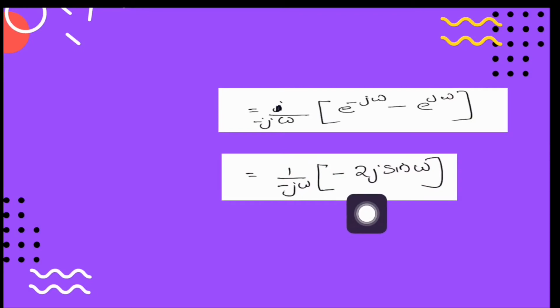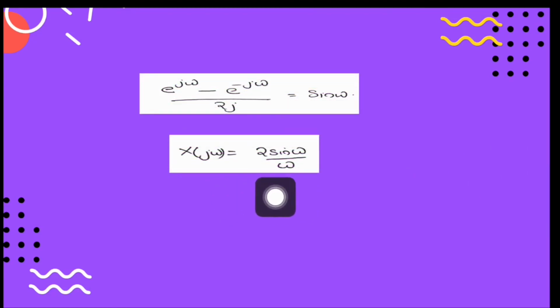I hope you all know that e raised to j omega minus e raised to minus j omega by 2j is defined as sine omega. By using this relation, we can write e raised to minus j omega minus e raised to j omega as minus 2j sine omega. Correspondingly, x of j omega becomes 1 by minus j omega times minus 2j sine omega, or we can write x of j omega as 2 sine omega by omega.